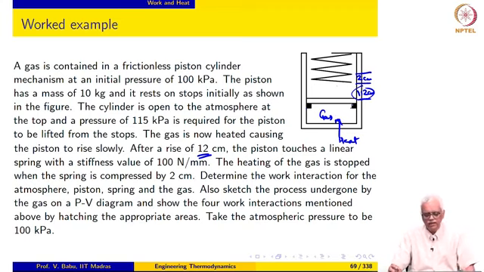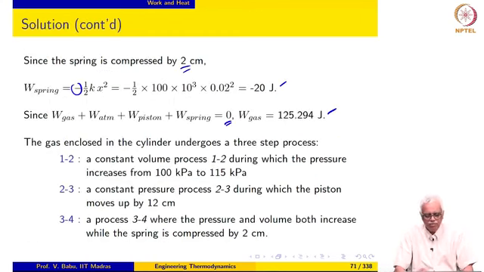So, it goes through a slightly different process. So, there are 3 different steps in this. First step is 1-2, a constant volume process during which the pressure increases from 100 to 115 kilopascal. Then it is a constant pressure process during which the piston moves up by 12 centimeters, and then process 3-4 where the pressure and volume both increase while the spring is compressed by 2 centimeters.